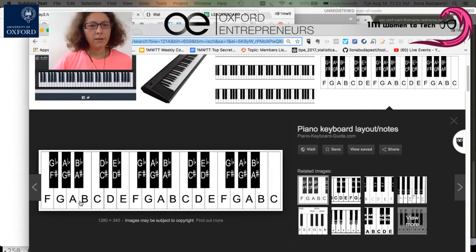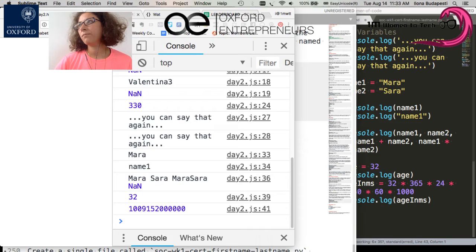If we look at an image of a piano, from this A here to this A here, we go 1, 2, 3, 4, 5, 6, 7, 8, 9, 10, 11, 12. So there are 12 half notes here.